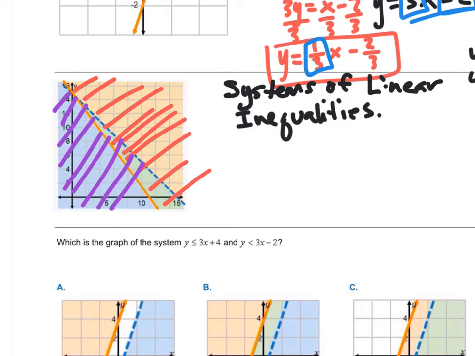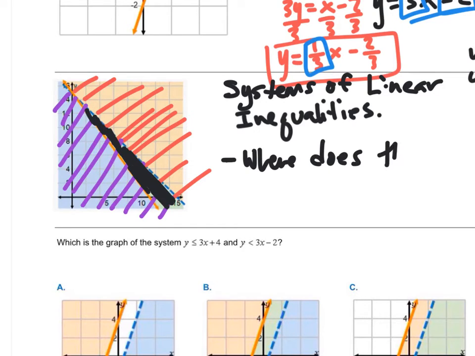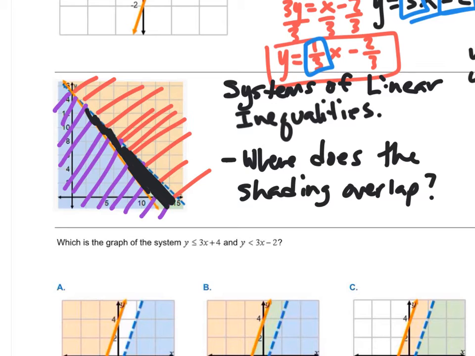We want to figure out where we have a common shading ground, is the idea. That's what that picture means. So the question I ask myself is, where does the shading overlap? And that's what we're going to explore here.